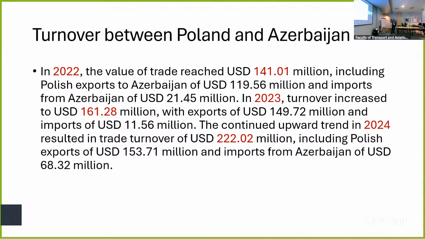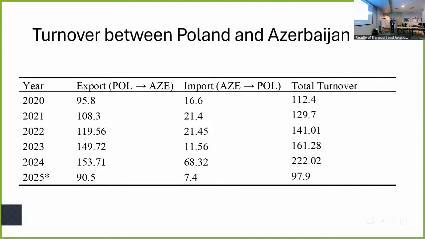So we can notice that all the time there is an increase in export, import, and total turnover year by year. From this table, it's easy to see the increase of export and import between Poland and Azerbaijan. Of course, from Poland to Azerbaijan is higher.